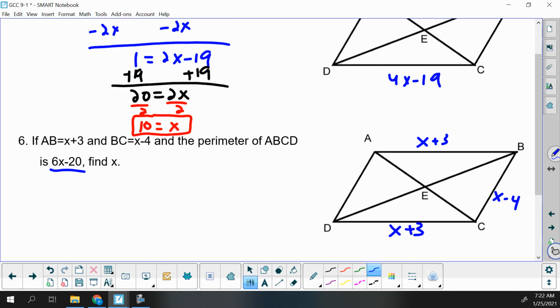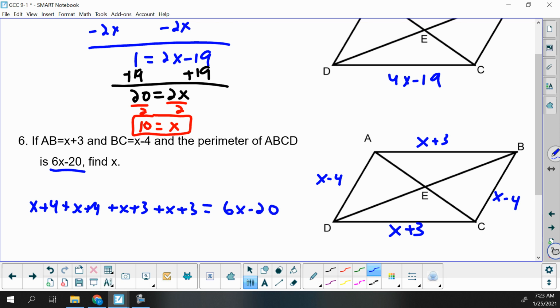And if BC is x minus 4, we know AD is also x minus 4. So we have two different ways we can express our perimeter, and we'll just set them equal to each other. We could take it from our picture, and we can say x plus 4 plus x plus 4 plus x plus 3 plus x plus 3 is equal to what they told us the perimeter was, 6x minus 20.